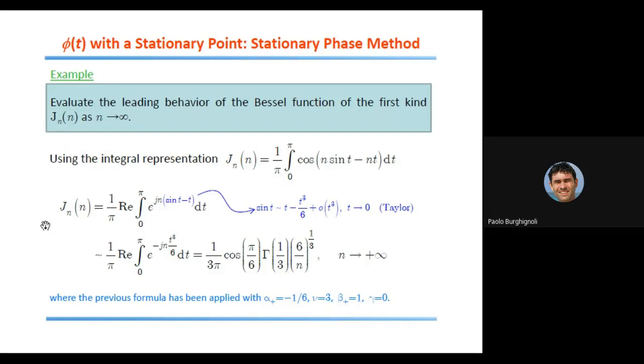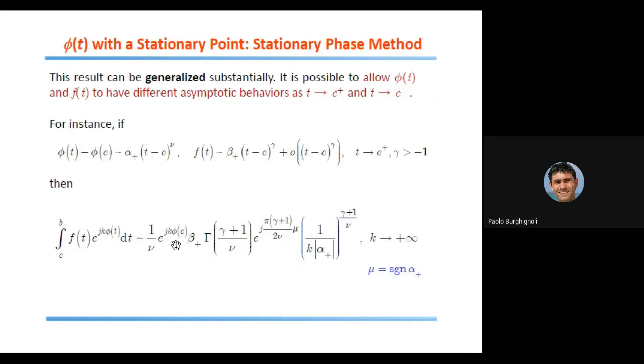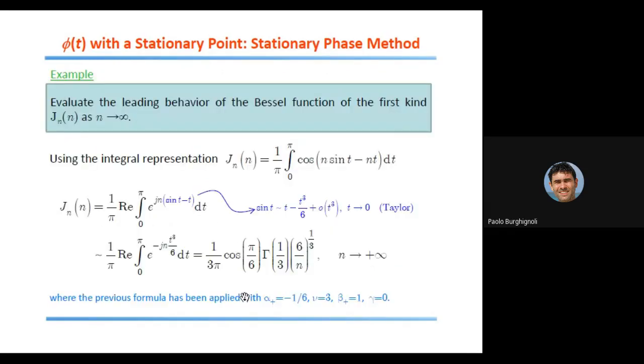And we have simply applied the general formula here by letting the involved constants have the values appropriate for this particular example. For example, alpha plus is equal to minus 1 over 6 because of this Taylor representation in the exponent. Beta plus is equal to 1 and gamma equal to 0 because the function f is simply a constant.